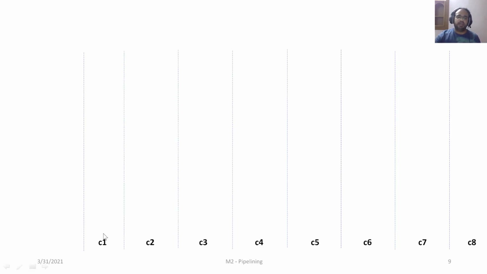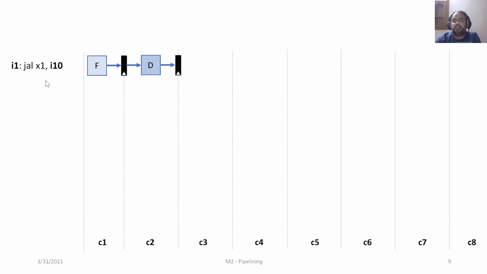So here is my timeline, cycle 1, 2, 3, 4 through 8. Let's say my first instruction is JL X1 I10. So it will be fetched in cycle 1, decoded in cycle 2. That's when we will know that it's a JL instruction. At the same time, we are going to fetch I2.